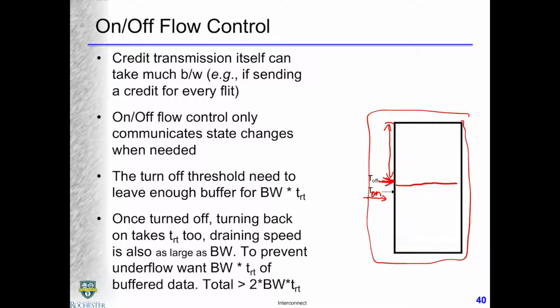Meanwhile, I can be draining this buffer at bandwidth speed. So you want your total to be at least this big. So in the busiest time, the traffic is not stopped because of the control, for either the on-off signal or credit. So that's the whole idea.